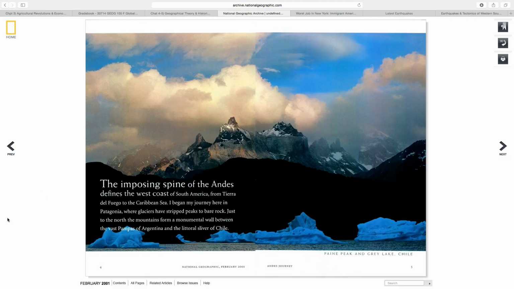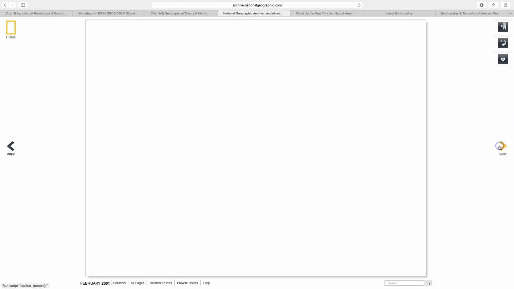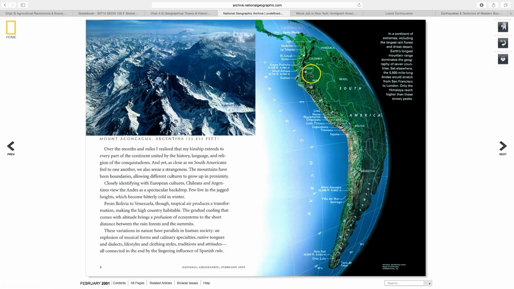Now the Andes, for those of you that have not had a chance to see it in person or maybe even in pictures, here is a beautiful National Geographic article depicting a journey through the Andes. It is an extremely important physical feature of the world, an imposing spine of mountains, but also an important cultural feature of Latin America, where indigenous people have thousands of years of history in the Andes.